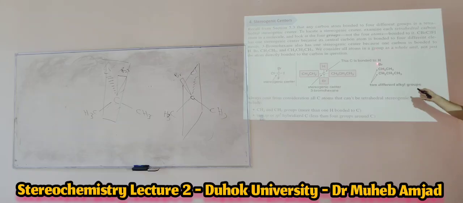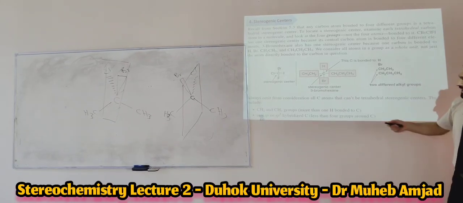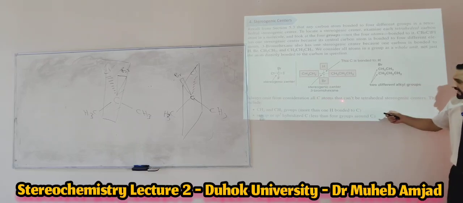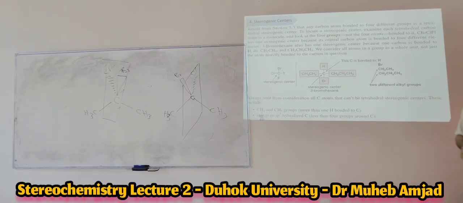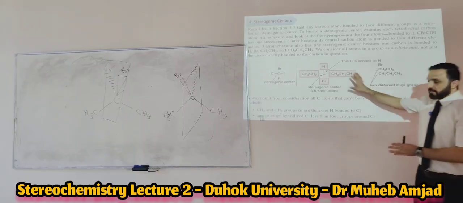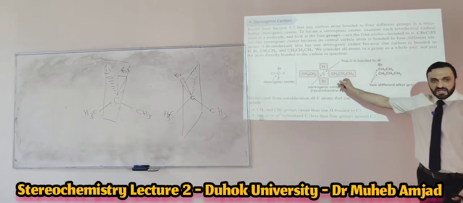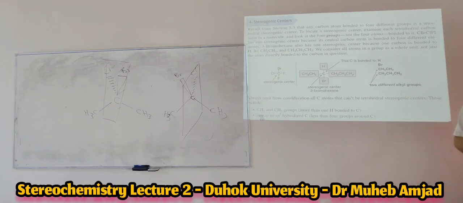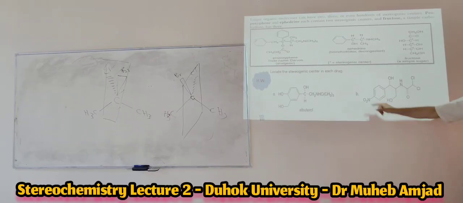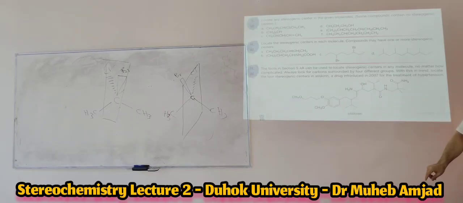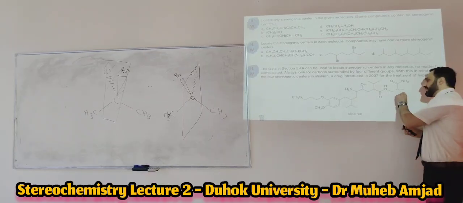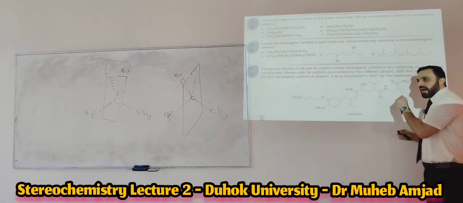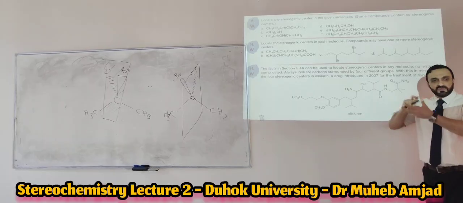Okay? H, Br, ethyl, propyl. So, from the consideration, there are carbon atoms that cannot be tetrahedral stereogenic centers. Directly, if I give you small molecules, yes, but if I give you a big structure, maybe like this, or maybe bigger, don't come and think how this will have 4 different groups.